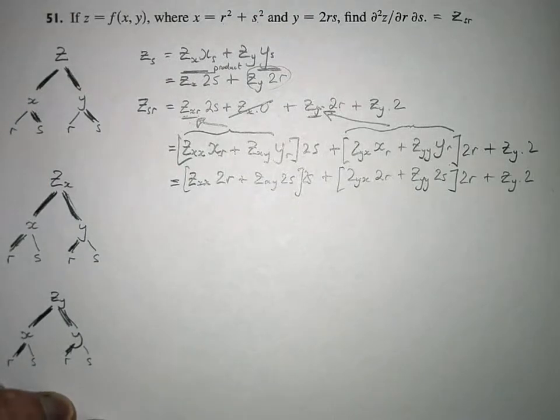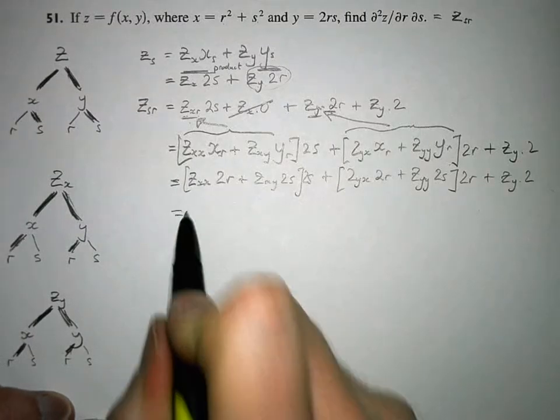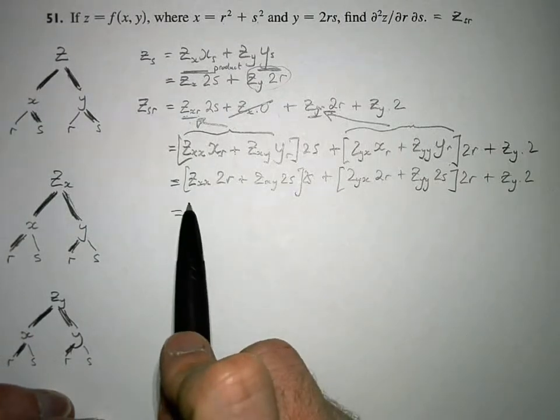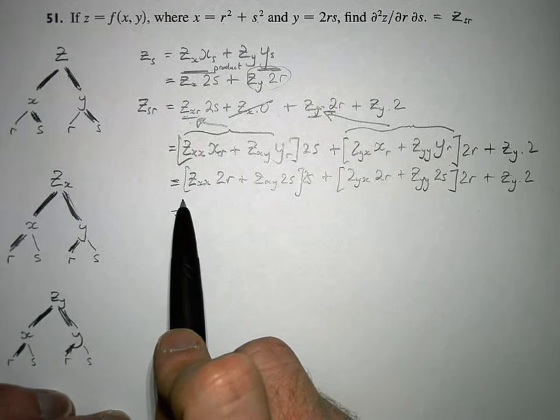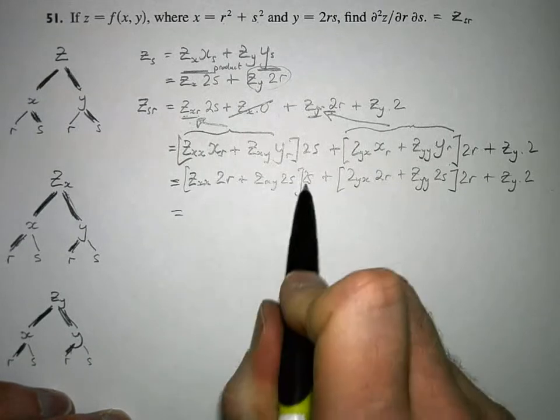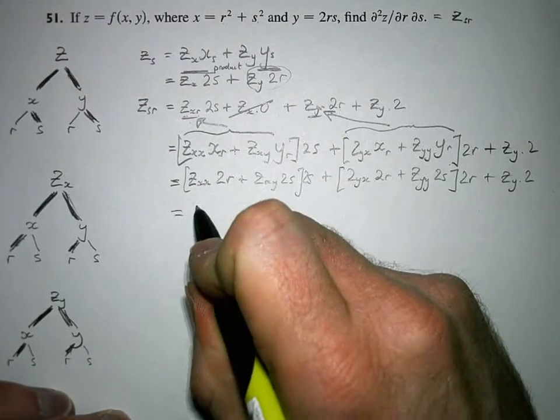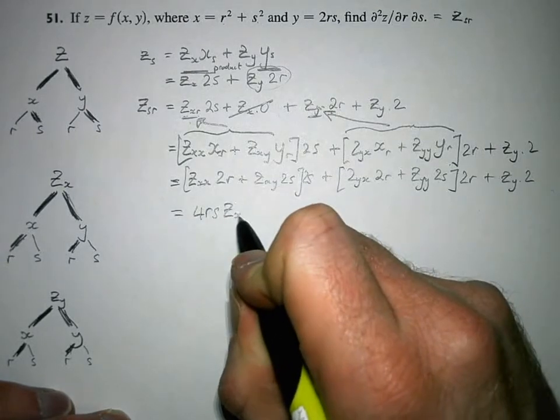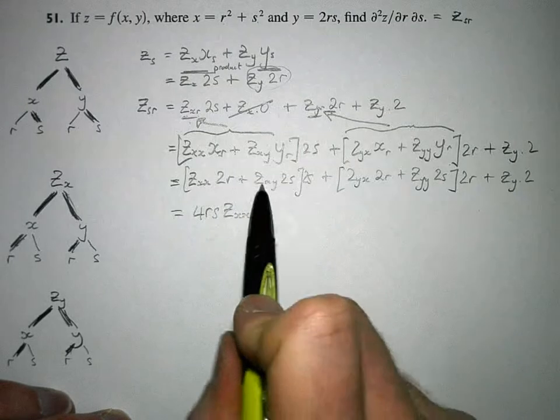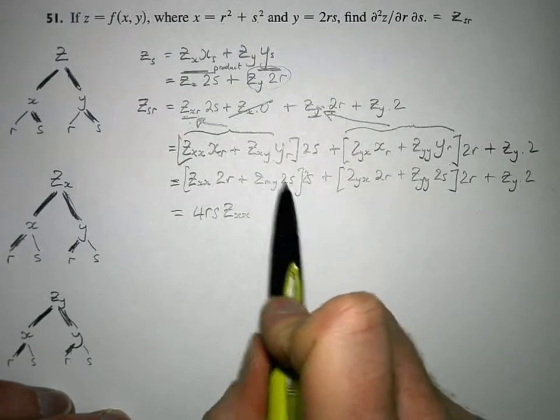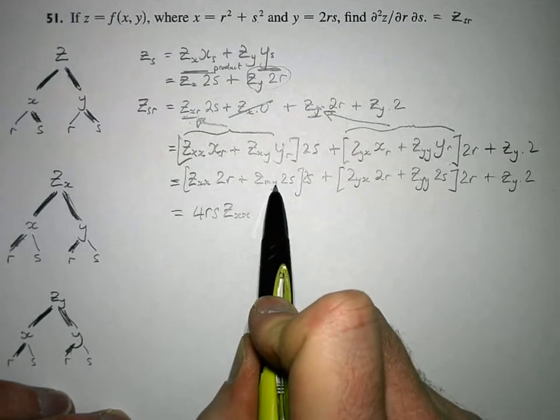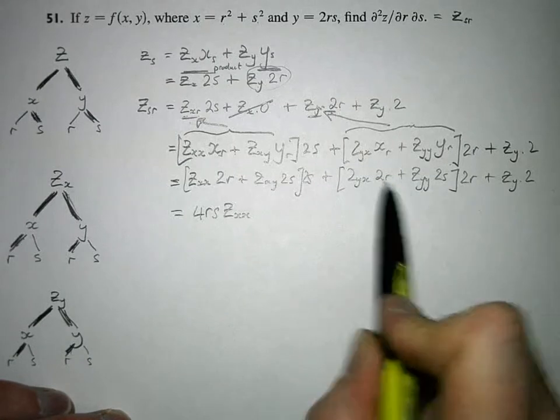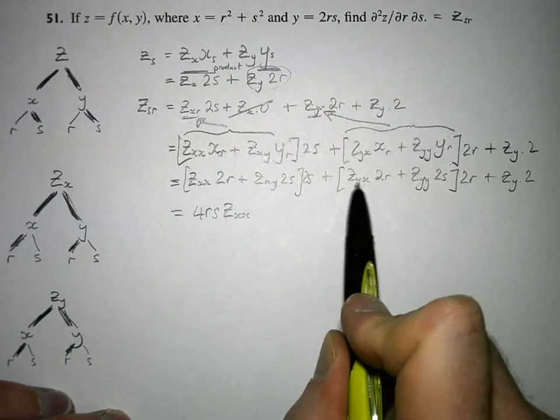Okay, let's just see if we can neaten this up a little bit. Let's multiply this in here, so we get 4rs times z subscript xx. Now we've got 4s squared times zxy, and we've got 4r squared times zyx.